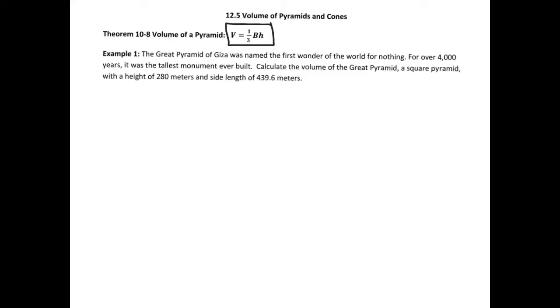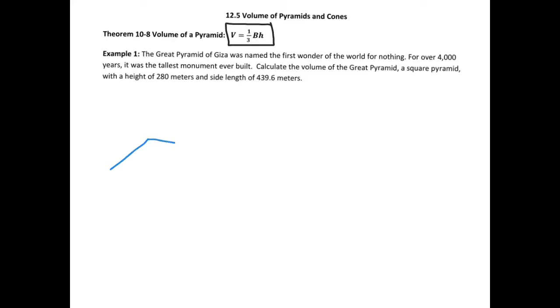Our first question is about the Great Pyramid of Giza. For over 40,000 years, it was the tallest monument ever built. Calculate the volume of the Great Pyramid of Giza, a square pyramid.